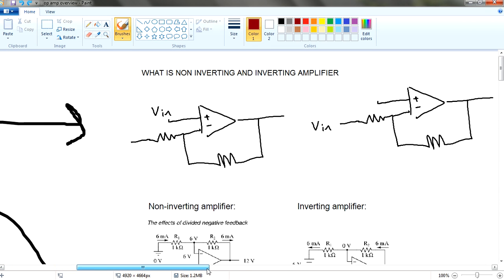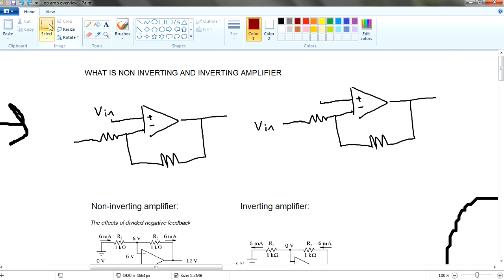If you take a look at this scenario, a simple op amp, as you can see, the difference between them: this is non-inverting and this is an inverting amplifier. For the non-inverting amplifier, you put your V source into the non-inverting side, while for the inverting amplifier, you put a voltage into the inverting side.